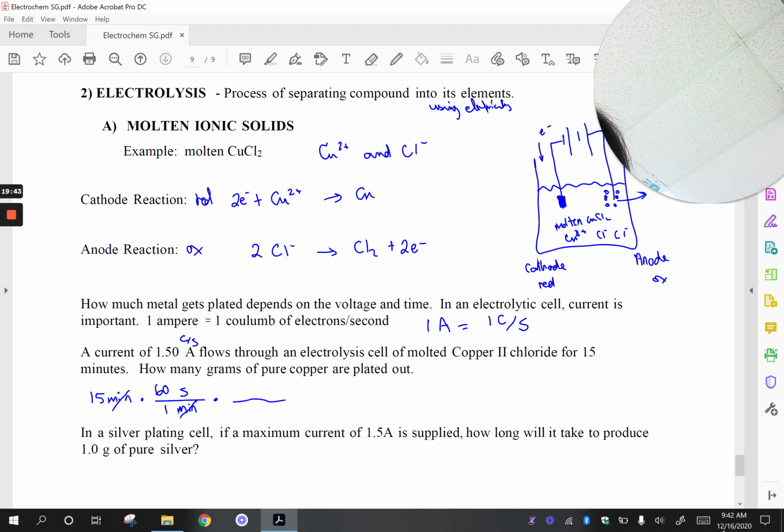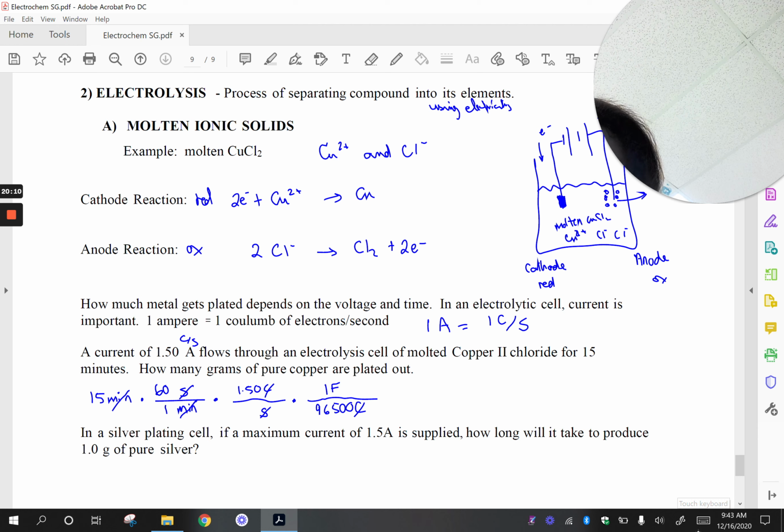I don't want seconds, so let's multiply it by the 1.50 coulombs per second. Okay, I'm at coulombs now. What do I do? Well, remember that 1 Faraday is equal to 96,500 coulombs. Good. I'm going to cross out my coulombs.